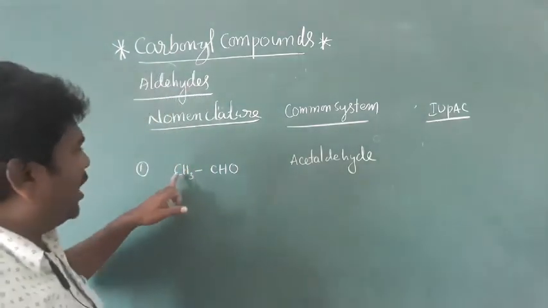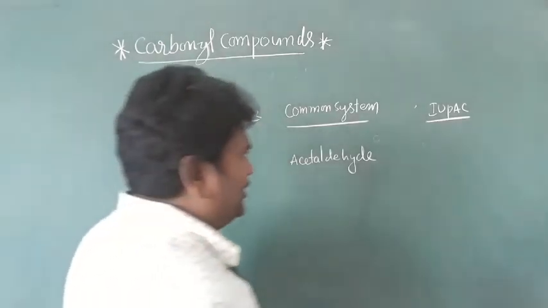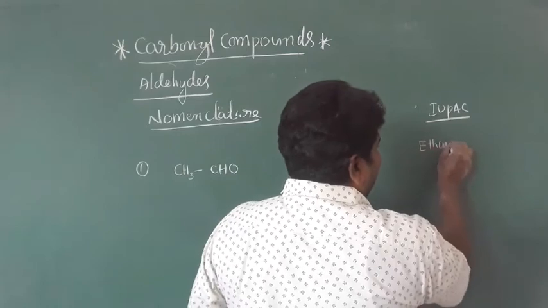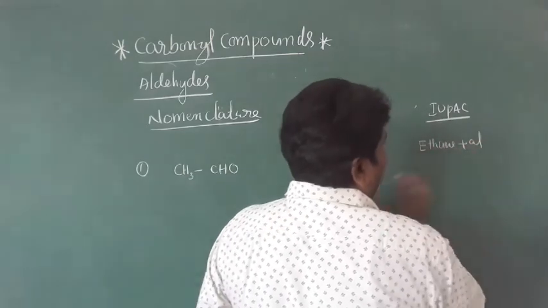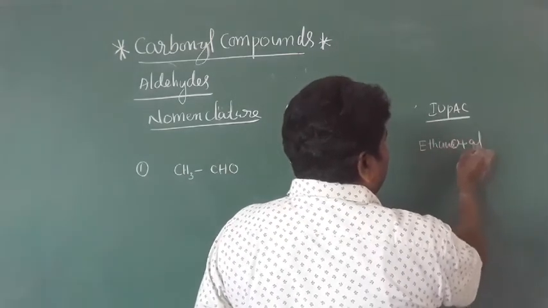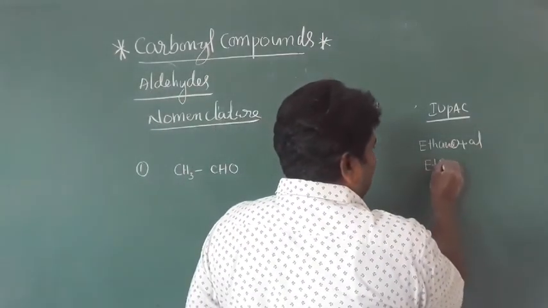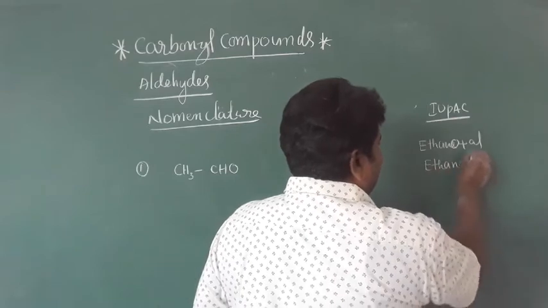How many carbons here? 2 carbons. The root word is ethane, plus al. The e is replaced by al. Both are combined and you get the name ethanal.